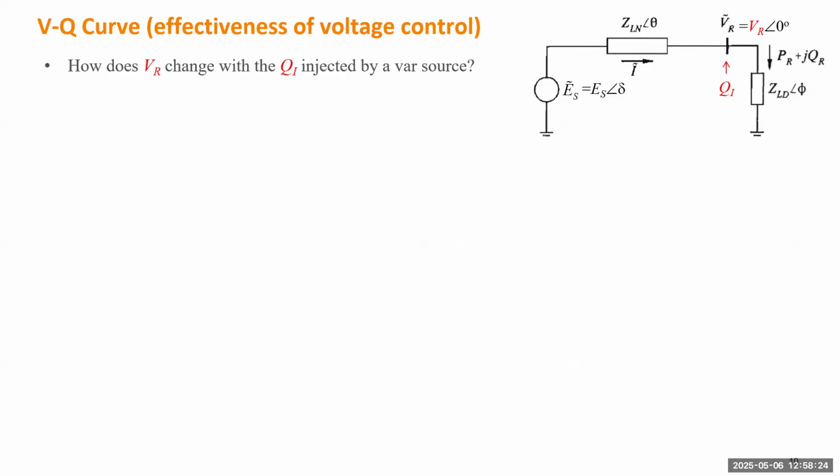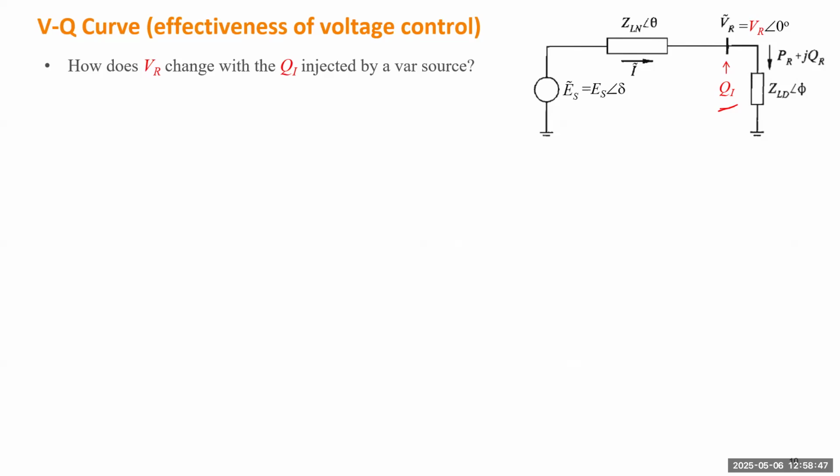This curve can tell you how effective the reactive power or control can be when added at some location. For instance, we still talk about this radial system. We study additional reactive power injected to this load bus, and we study how this Q can improve the voltage.